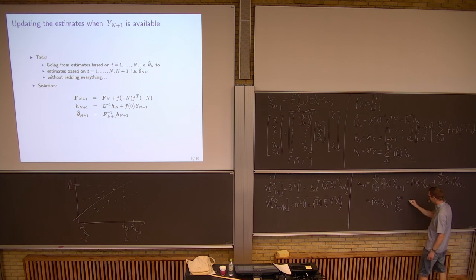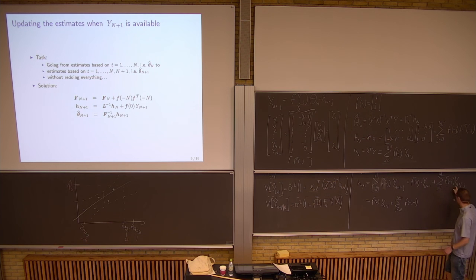Well, then I should say that this is f of minus j, and then minus 1. And then I should multiply with y, n plus 1 minus j minus 1.